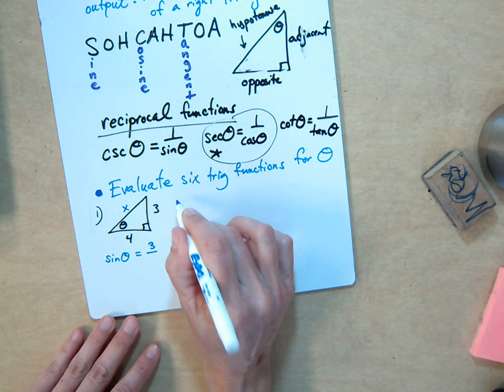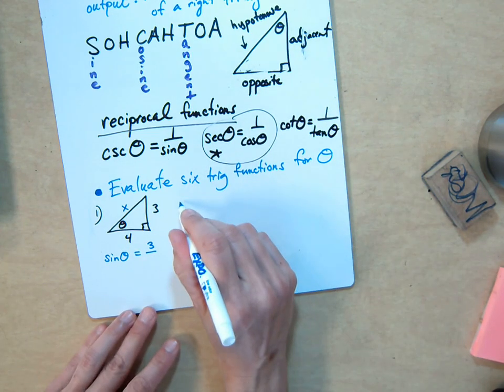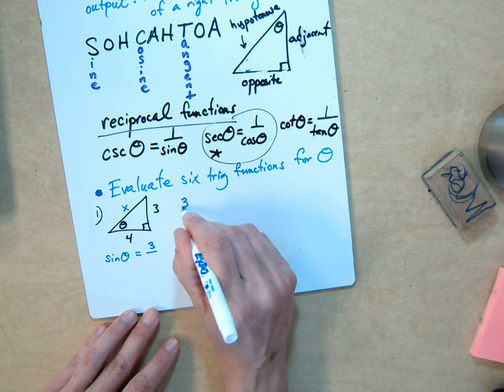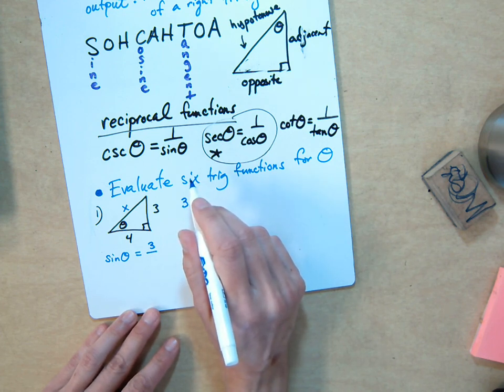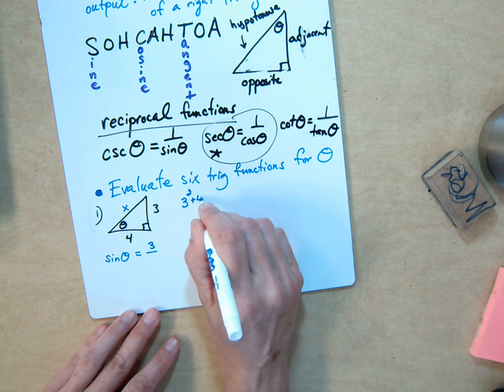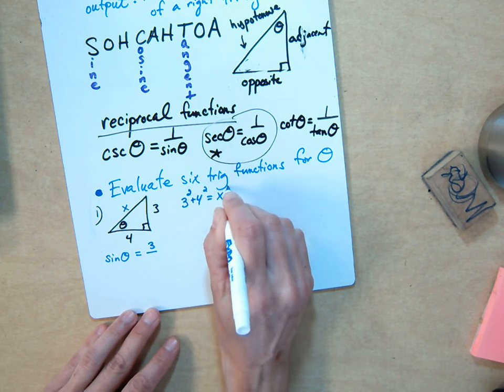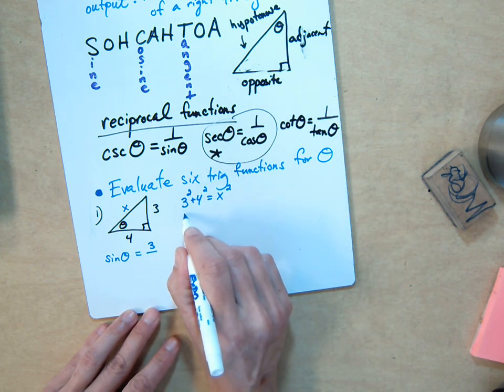So we have to use the Pythagorean theorem to be able to do these. Unless you've memorized the Pythagorean triple, you already know it's 5. If not, you go a squared plus b squared equals c squared, or leg squared plus leg squared equals hypotenuse squared. So this is 9 plus 25.